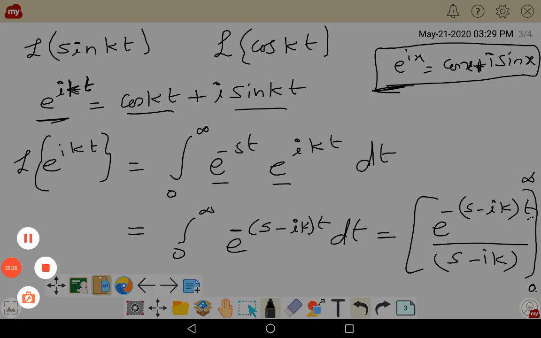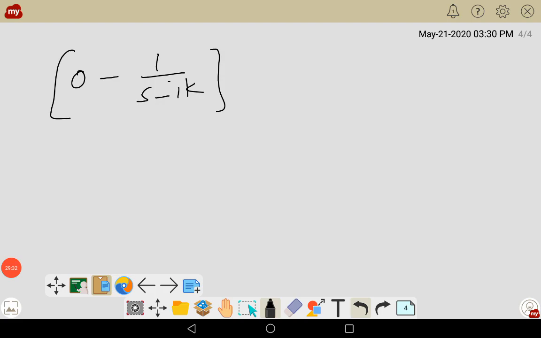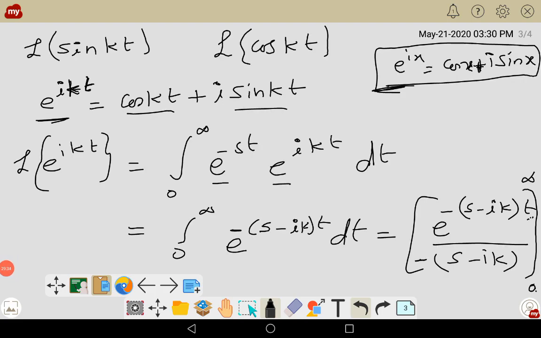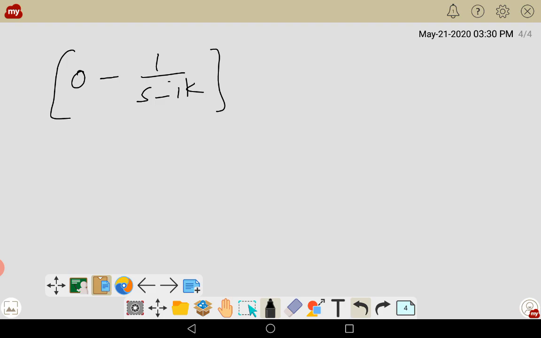Here actually there should be a negative, because the coefficient is negative, so minus and minus will be positive finally: 1 over s minus ik.